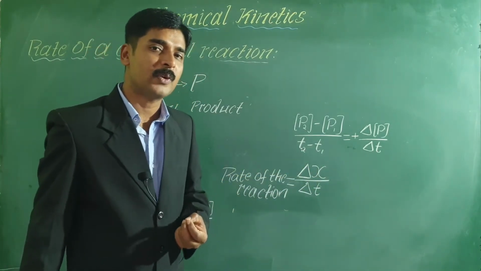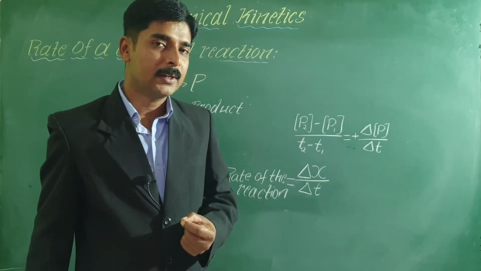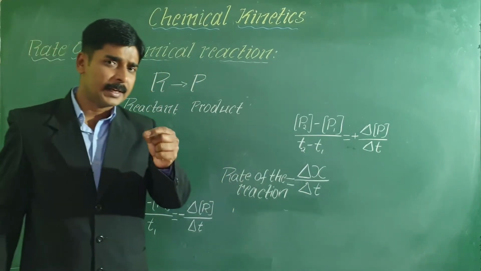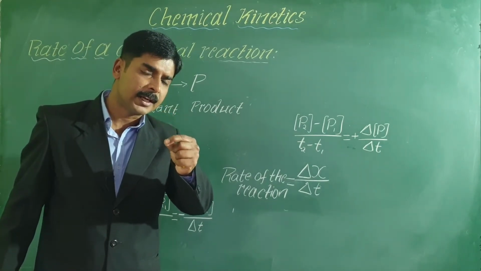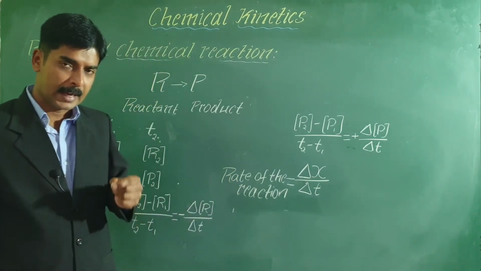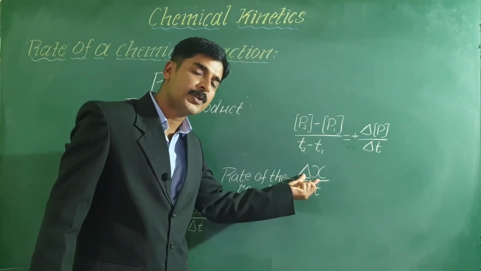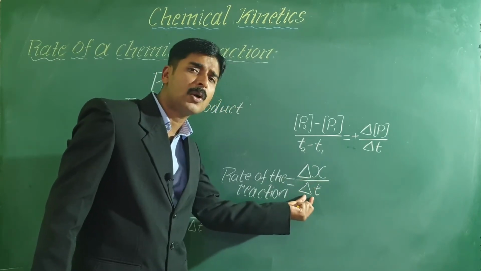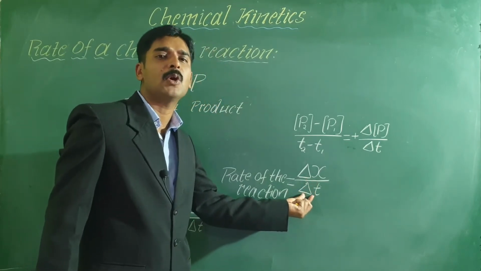Then how to find the actual rate of a reaction? You all know that during the progress of the reaction, the concentration of the reactant goes on decreasing. Every second, the concentration of the reactant decreases. So in order to find the actual rate of a reaction, you must take the change in concentration of the reactant or product for an infinitesimally small time.